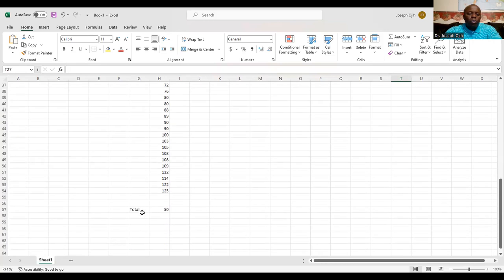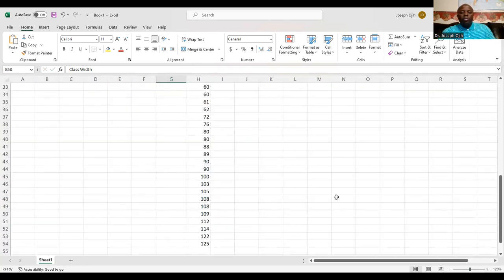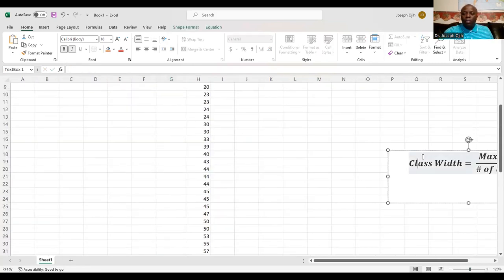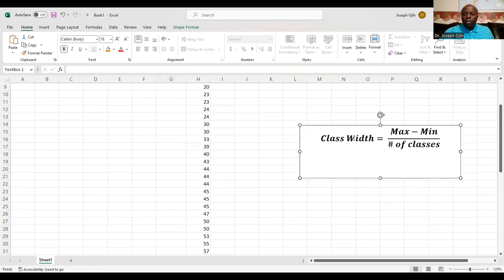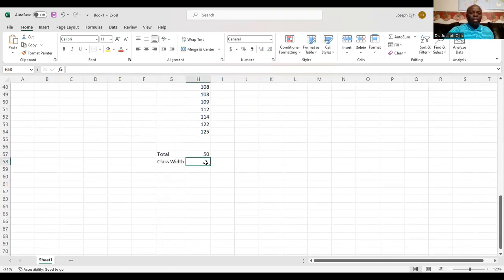So let's find the class width now. Class width is, remember, maximum minus minimum divided by number of classes. The maximum minus the minimum is basically the range.